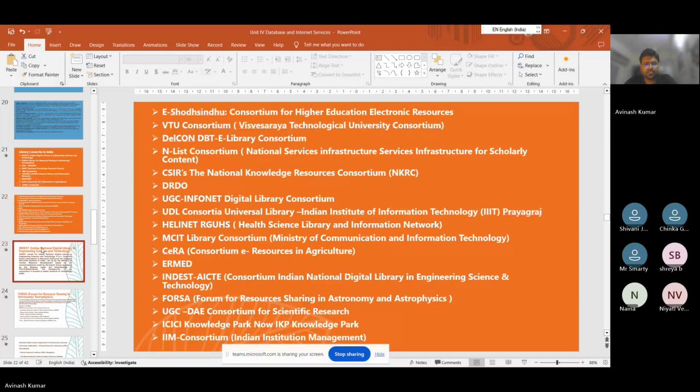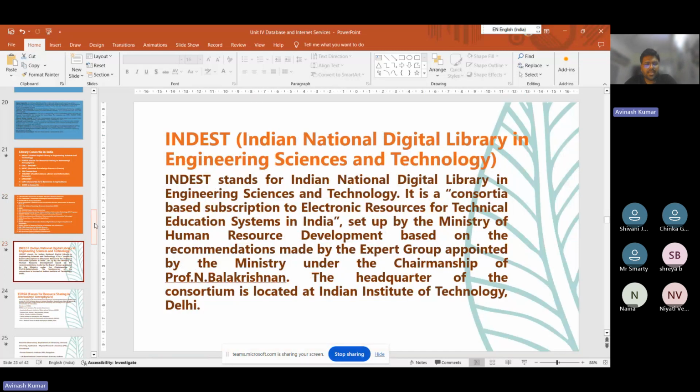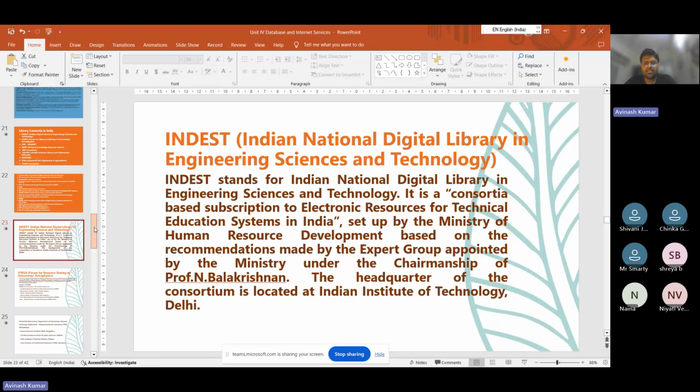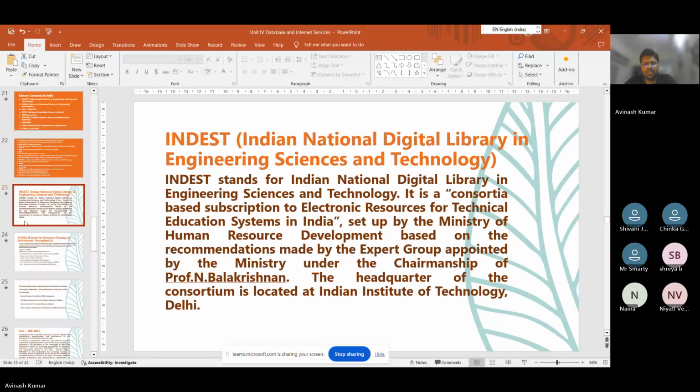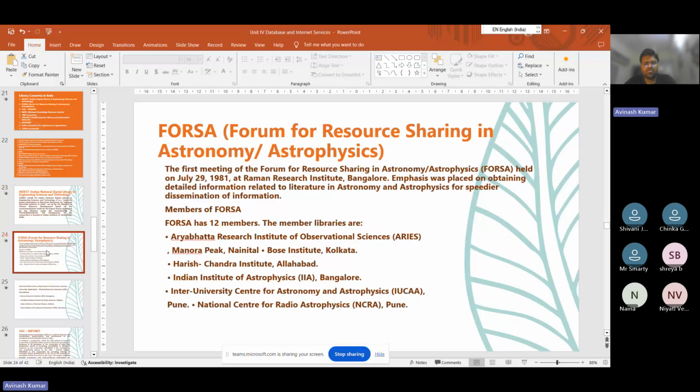Next is INDEST, Indian Digital Library in Engineering, Science and Technology. You can see that; I'm not going to teach all of these things. FORSA has 12 members. You can take a screenshot, and this is important for the exam.